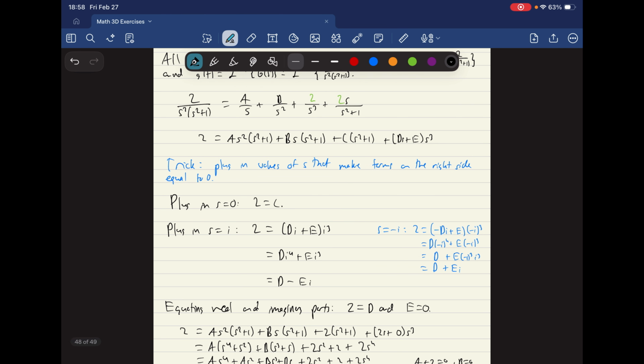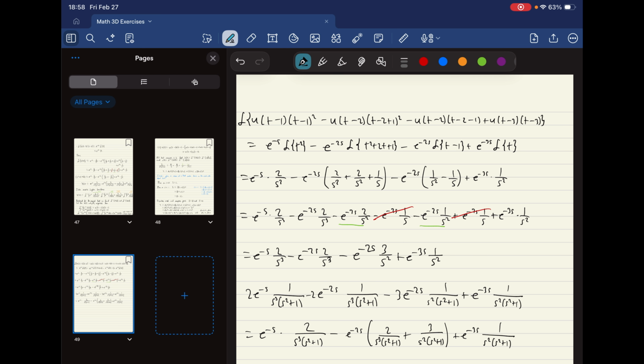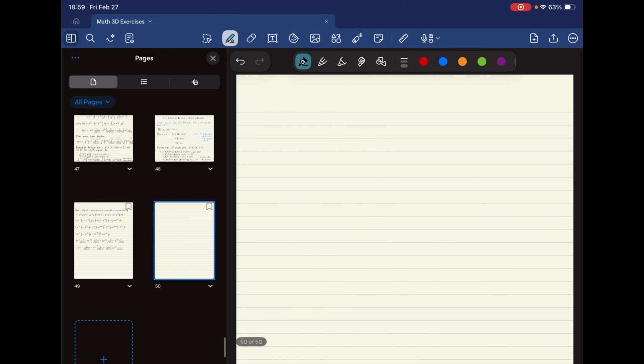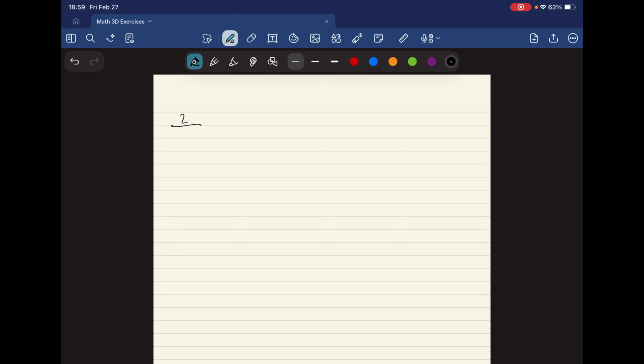Okay, so now that we've calculated this partial fraction decomposition, we've done the heavy computational work, and we can proceed to find the inverse Laplace transform for this function.